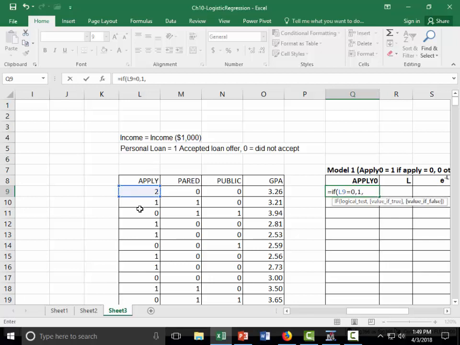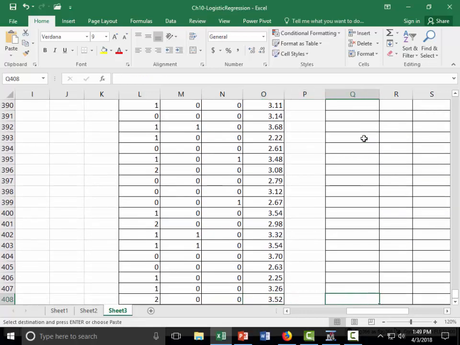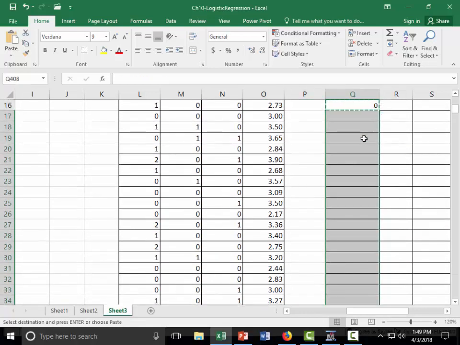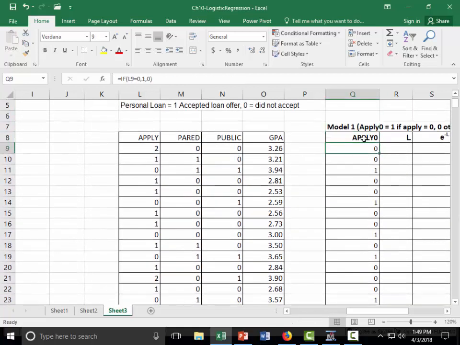If it is 0, then let's code this column as a 1. Okay, otherwise it's a 0. So copy that. Okay. So now we use this as the target and then develop our model.